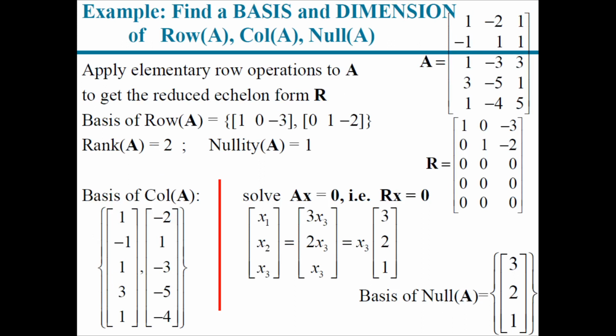Here another example, this time more complicated. I have a rectangular matrix, 5 rows and 3 columns. Okay, well, we applied elementary row operations, we got reduced echelon form here. So from the reduced echelon form, I see a bunch of rows of zeros, I ignore those.